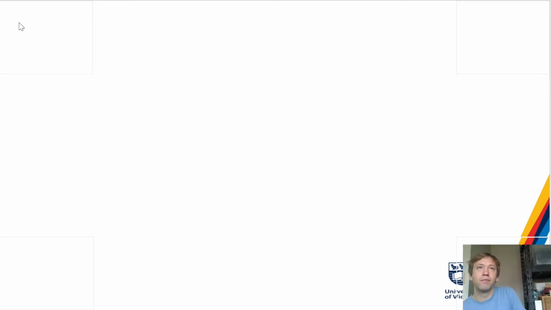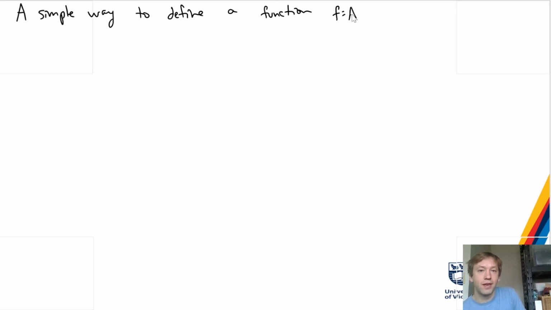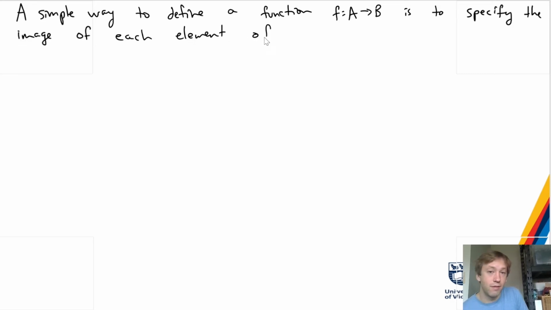So a simple way, in most cases, to define a function f from A to B is to specify the image of each element of A. And this is probably the type of function definition you're used to, right?